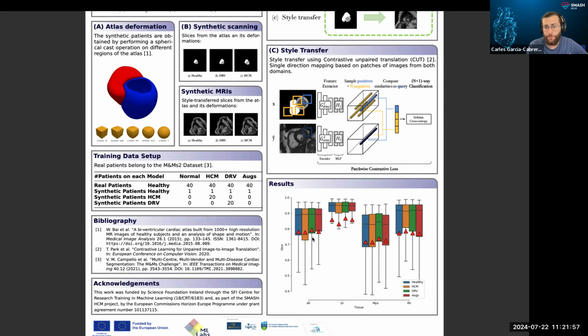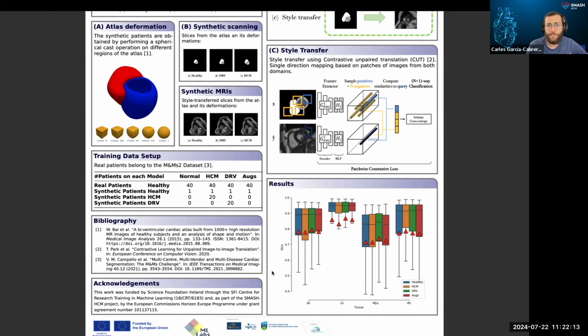What's interesting is that on the left ventricle and myocardium tissues, the dilated right ventricle model performed better, but in the right ventricle cavity, the HCM-based one performed better.